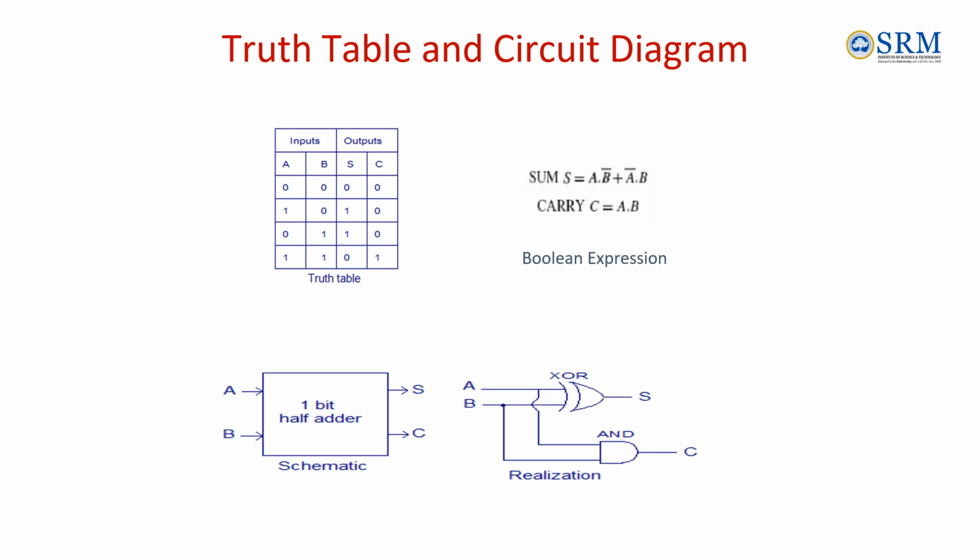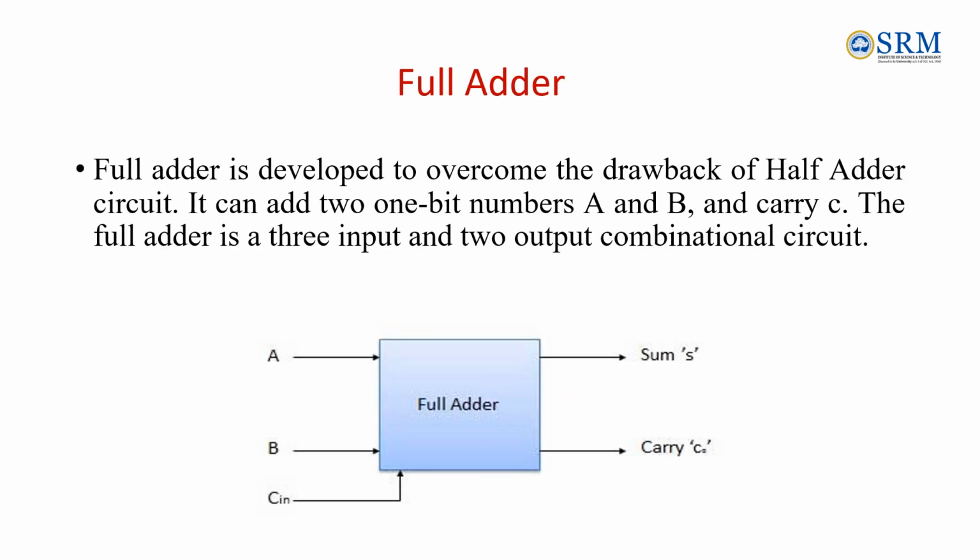The sum is A inverse B plus A B inverse, that is A XOR B. Carry is A into B. So that is why the sum part is implemented using an XOR gate and the carry part is implemented using an AND gate.